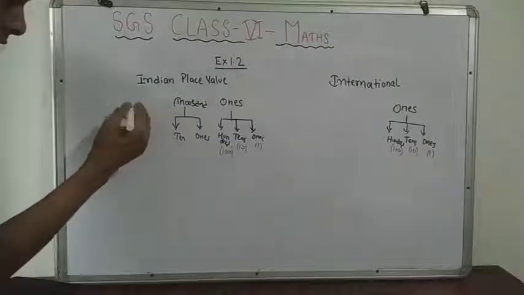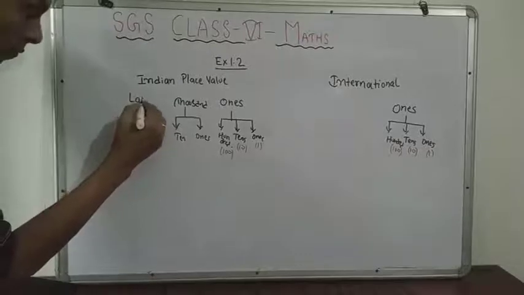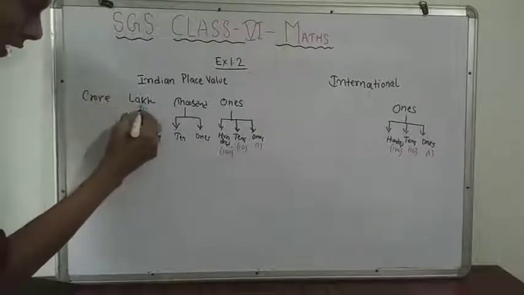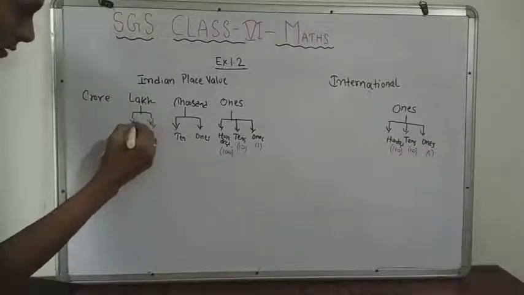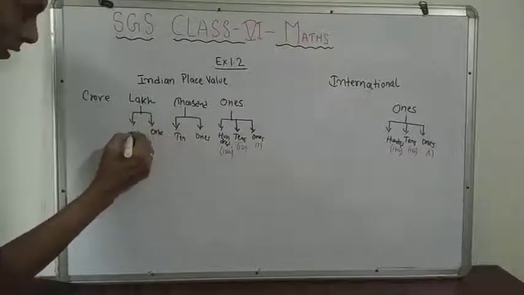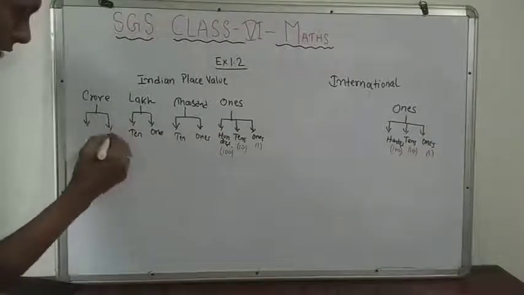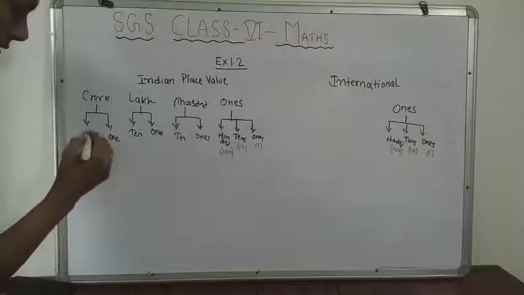Similarly, after thousands comes lakh, and after that crore. Lakh is divided into 2 places, ones and tens. Similarly, crore is also divided into 2 parts, ones and tens.